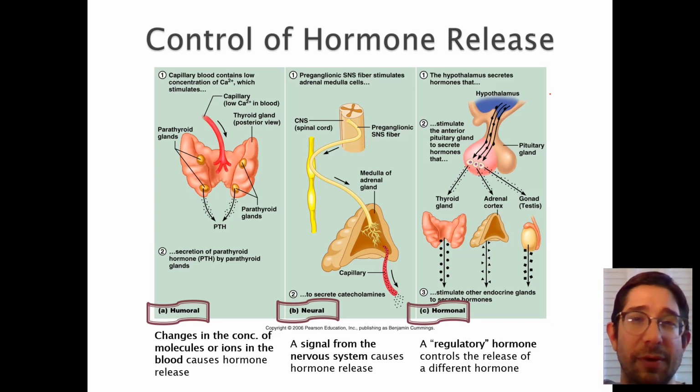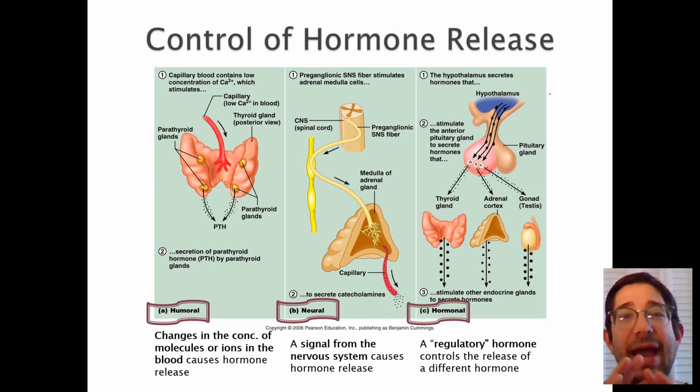Neural control of hormone release is that the nervous system is involved, and it's going to basically zap something and tell it to release hormones. The example here is the adrenal medulla. The adrenal glands sit on the kidneys. That's what adrenal means, above or on top of the kidneys.